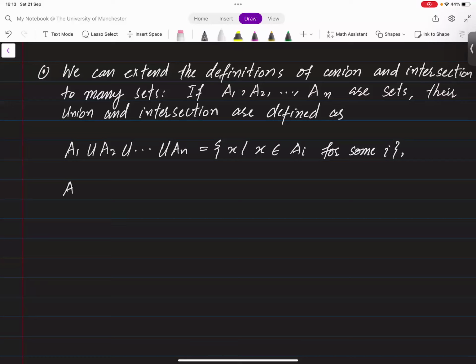And the intersection is a set which consists of X such that X is in Ai for all i. So this X should be in all the sets A1 to AN.